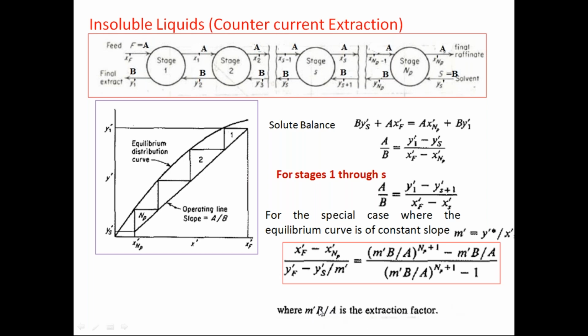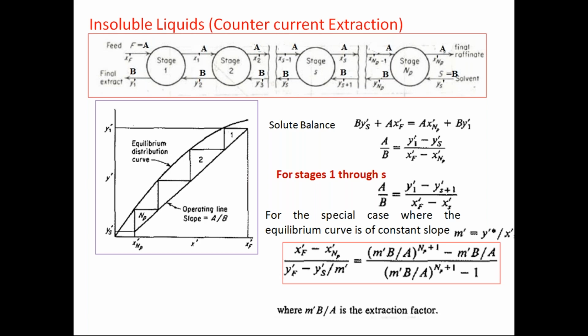This is analogous to the Kremser-Brown equation which you have used in absorption. So a Kremser-Brown type of equation can be used. Initially find the extraction factor, substitute here, and you will get the number of plates required to reduce xm prime to xn prime, in which case A and B are completely immiscible in each other.